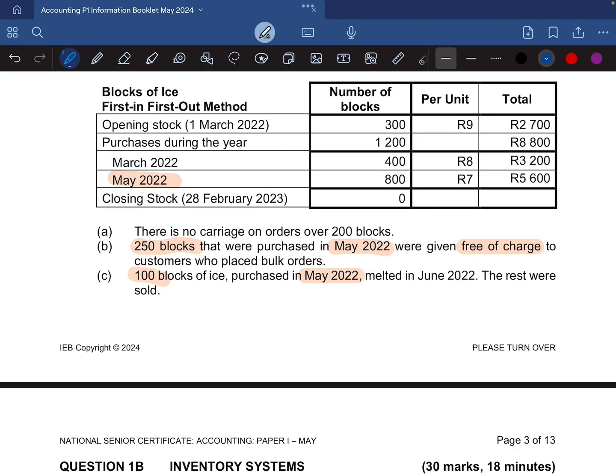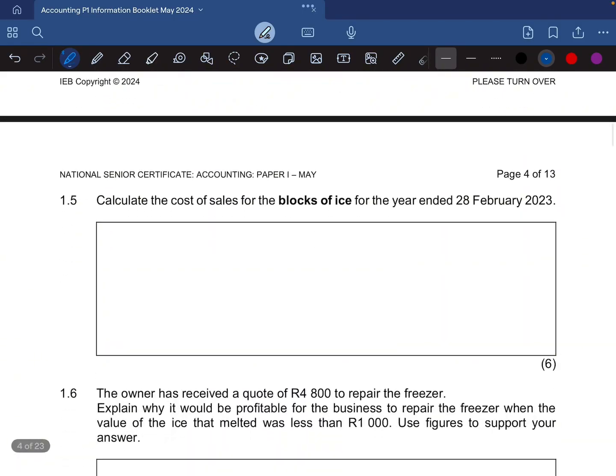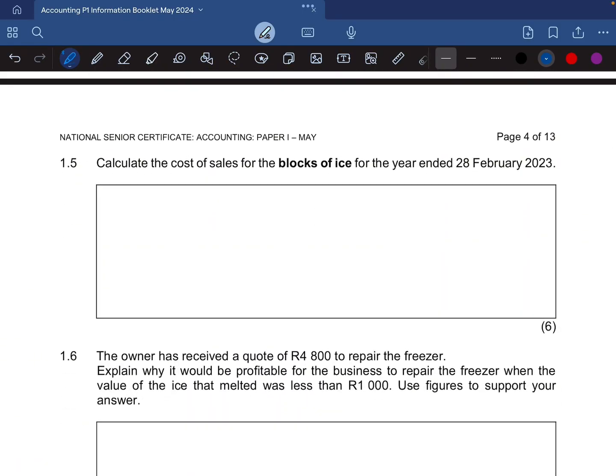Okay, so here on 1.5, we are required to calculate the cost of sales for the blocks of ice for the year ended 28 Feb 2023.